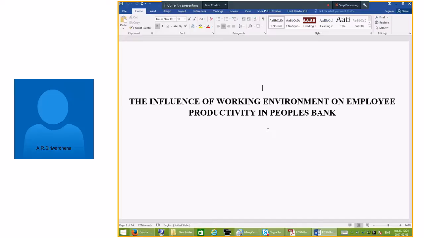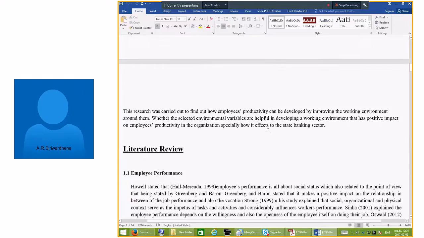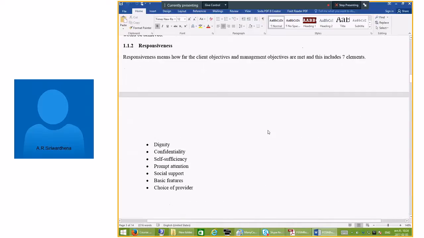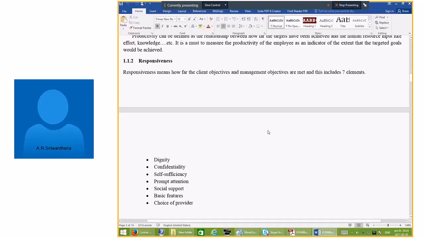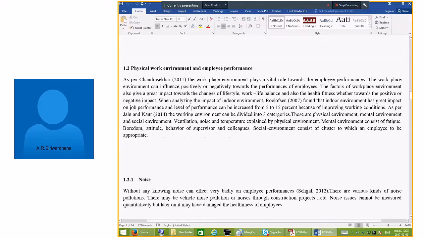So my research problem would be to find out how employees' productivity can be developed by improving the working environment around them. My main objective of this research would be to find out the relationship between the working environment and the productivity of employees.